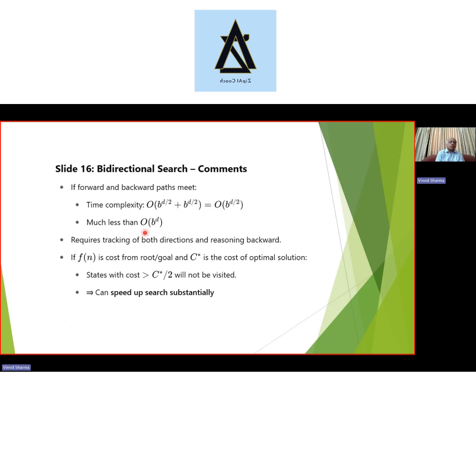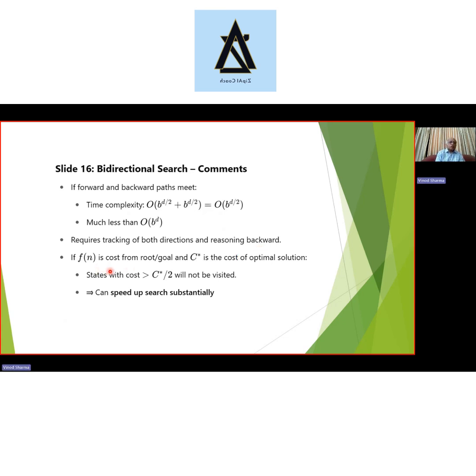This is much less than of the order of b raised to d that we have seen with the other algorithm. It requires tracking in both directions, forward direction as well as backward direction. Forward direction we have been doing all through, but in the backward direction, now we have to look at possibilities in the opposite of the arrow from the goal node and going backward.